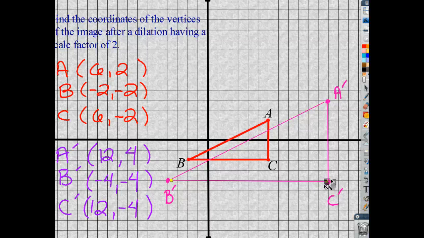The original figure ABC has stretched. It has gotten larger with the primes. And according to the scale factor of 2, we have multiplied or doubled all of our original coordinates. We didn't double in size, we just doubled each vertex, each ordered pair at the vertex.